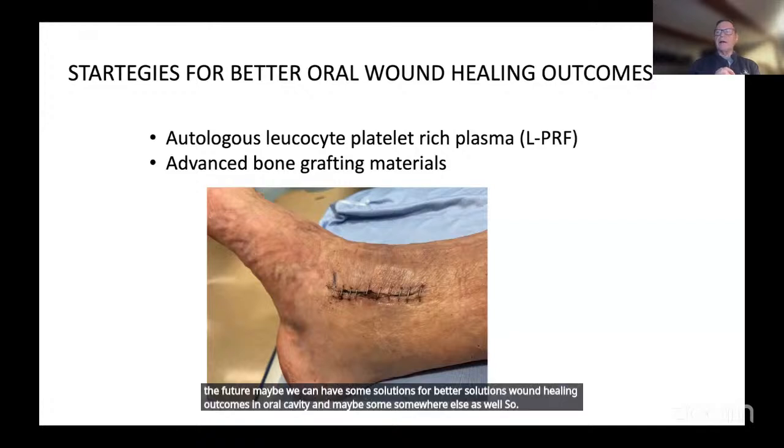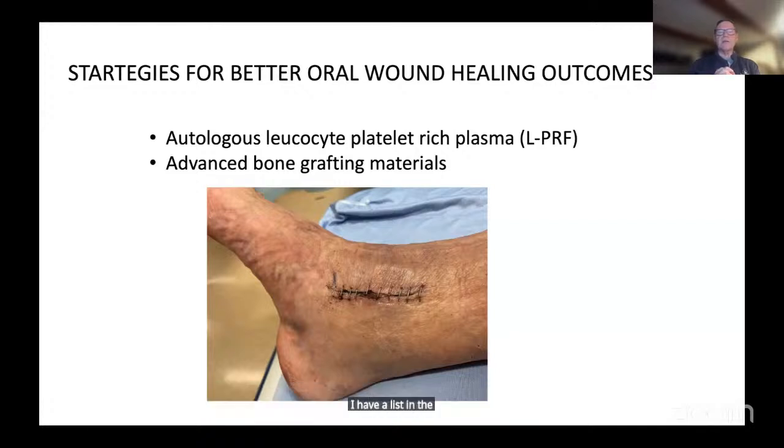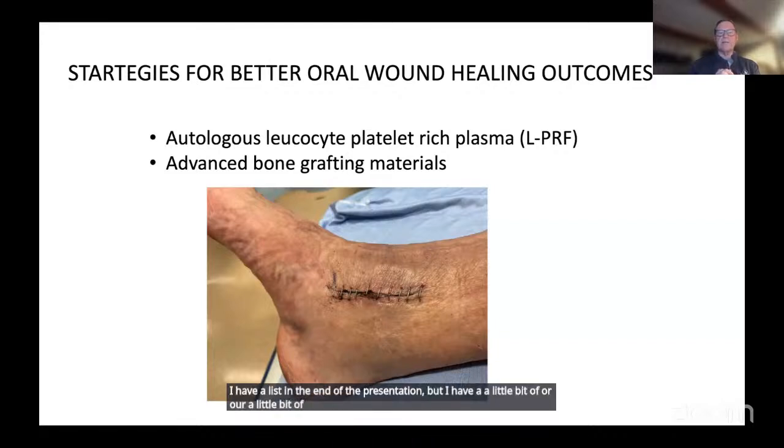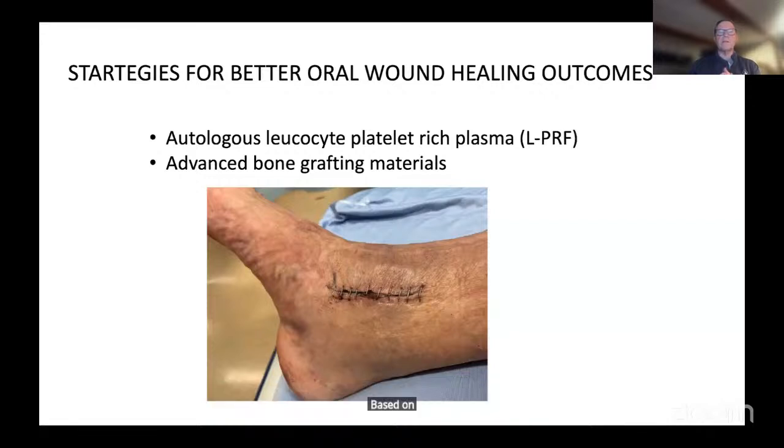I have a list at the end of the presentation, but I have a little bit of our own data that we have generated in our own lab, and that may also relate to some of the questions over the week regarding patient-derived products such as leukocyte platelet-rich fibrin and so forth, so membranes. So I will talk about those first.